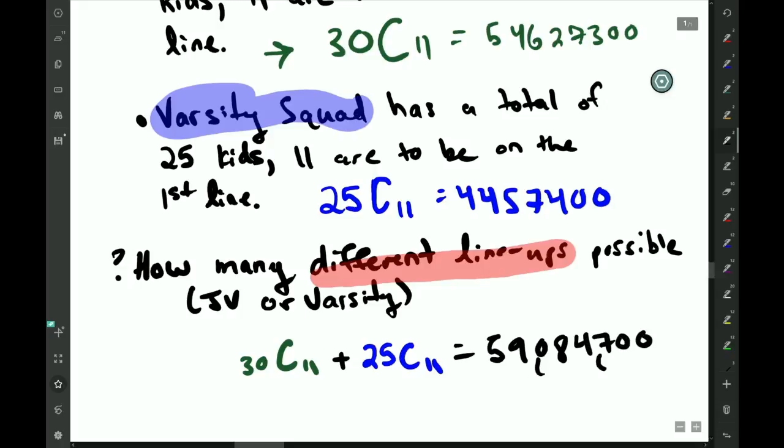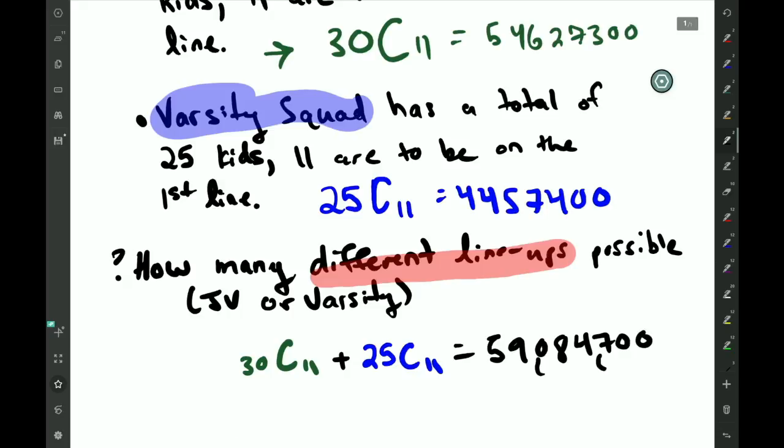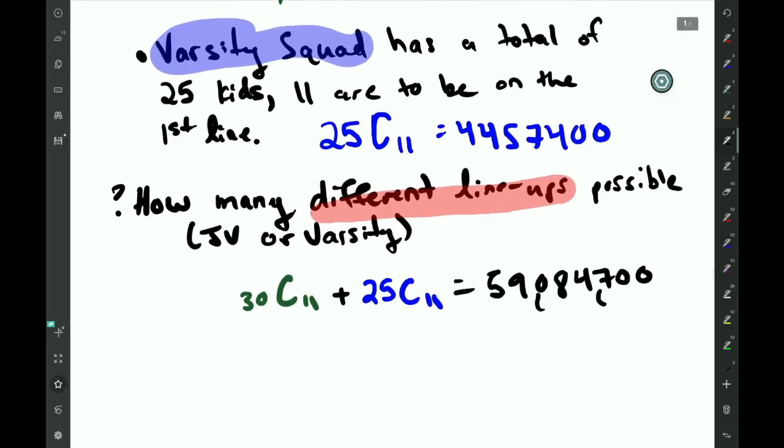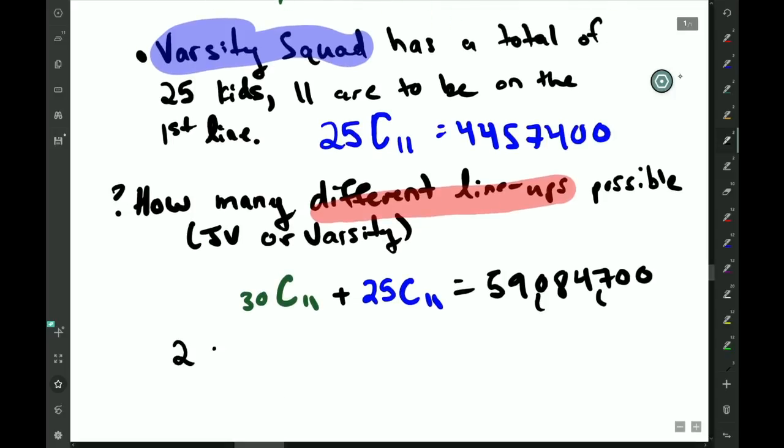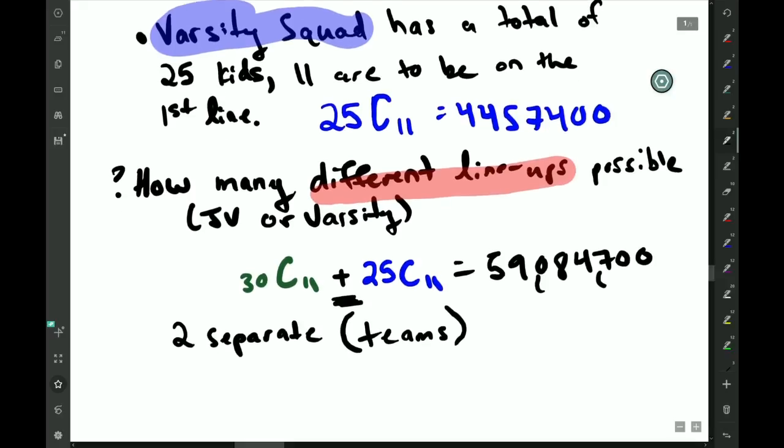So if you were a coach and you had to think of lineups, there are 59 million different lineups. So that advanced case is when you have 2 separate, we like to call them committees or teams. And whenever you have that case, you need to add the total different things for each spot.